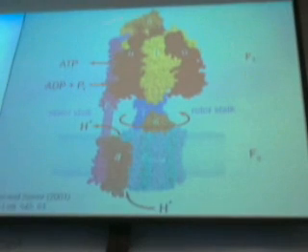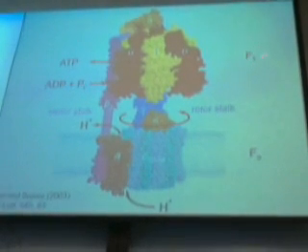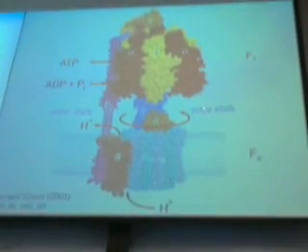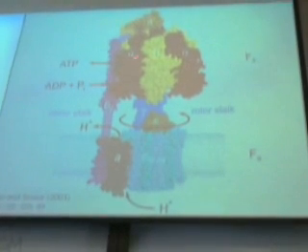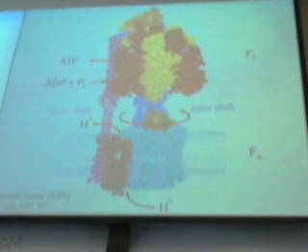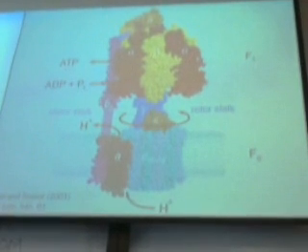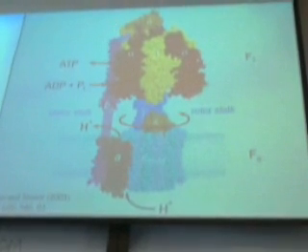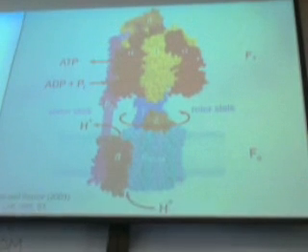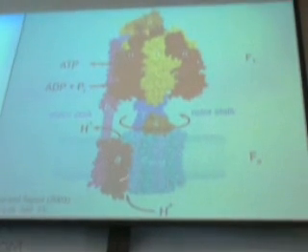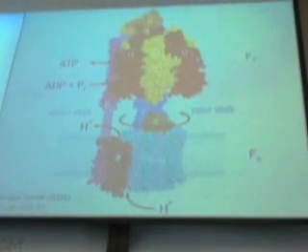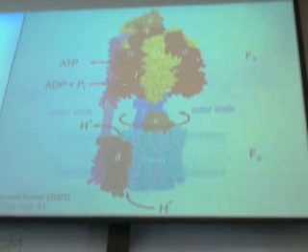We then have the F1 component that is in the matrix, in the aqueous layer of the matrix. It is composed of three alpha subunits and three beta subunits. The betas are colored yellow, the alphas are colored red. Then there is a connector here between the membrane part and the part, the F1, which is on the outside of the membrane.